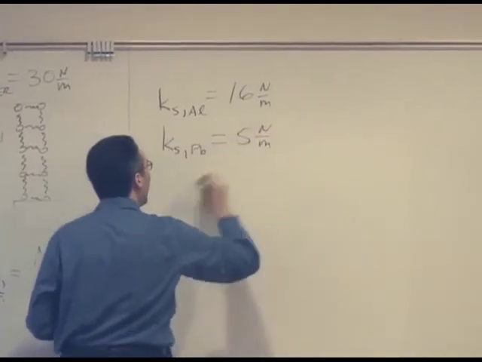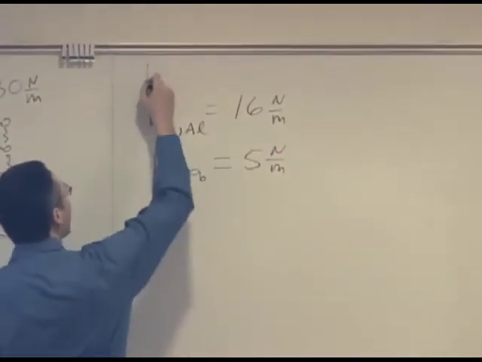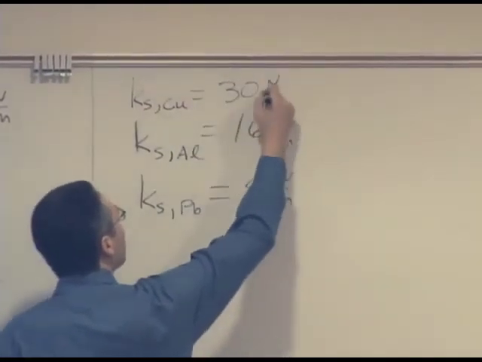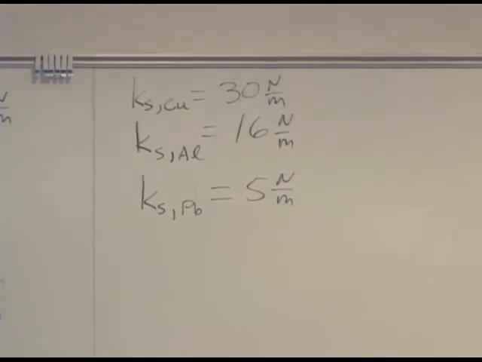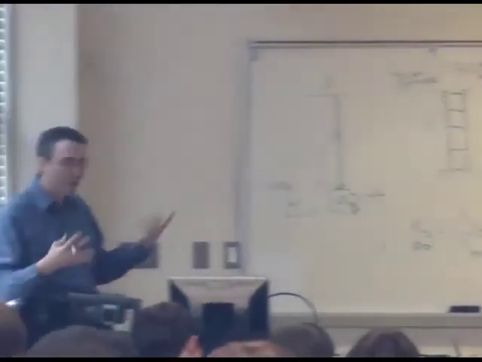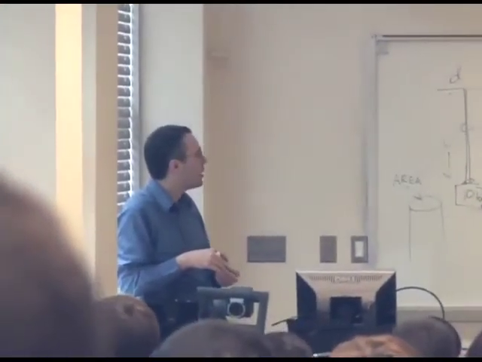And then we worked it out for copper last time as well, something like 30 newtons per meter. So they're different, and that explains the softness, the stretchiness, the elasticity of the materials.